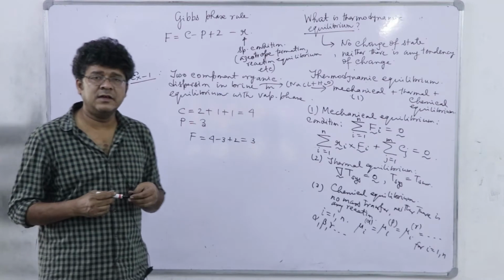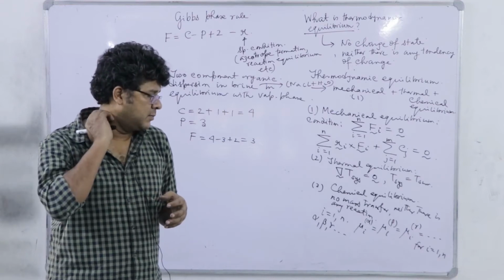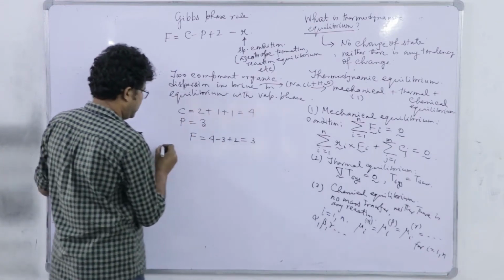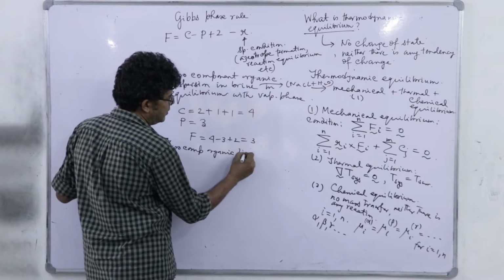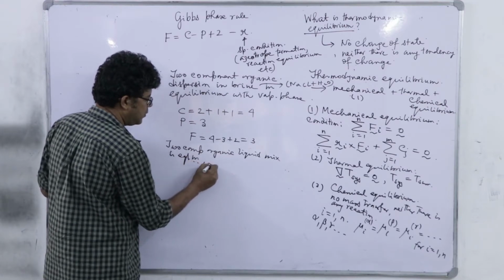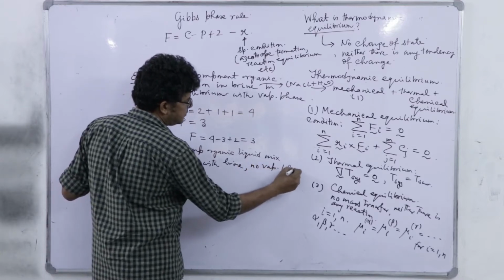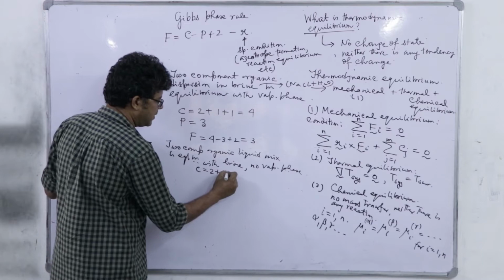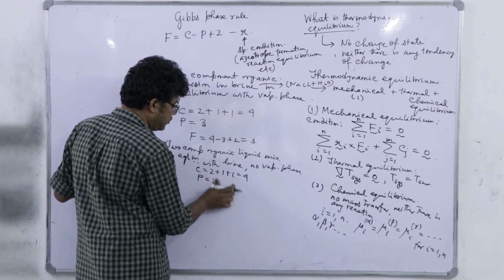If I state only that the two component organic liquid mixture is in equilibrium with brine, with no vapor phase, then under this condition again the number of components is 2 plus 1, which is 4, and the number of phases is equal to 2.